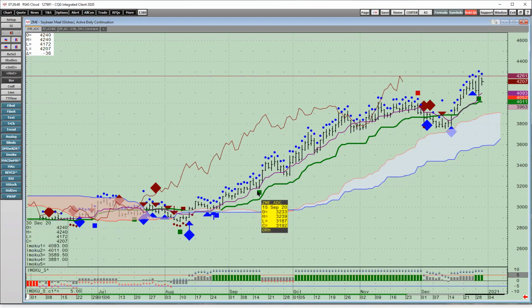These, by the way, just for your information, are the ORH days or bars being marked as they occur anytime on the chart, which draws your attention to them. There's your lower, and the green is the higher.